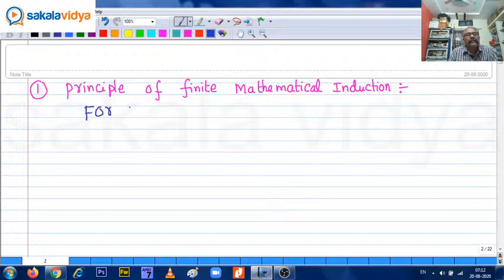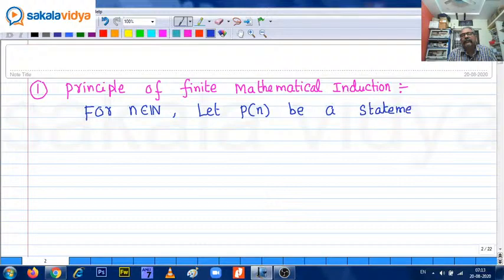For n belongs to the set of natural numbers, let P of n be a statement. Statement means mathematical statement. For n belongs to N, let P of n be a statement in terms of n.